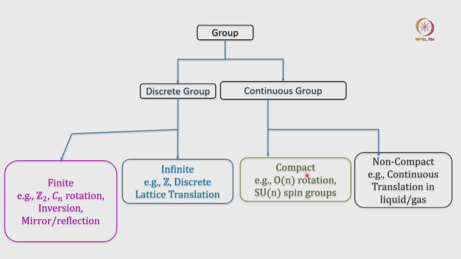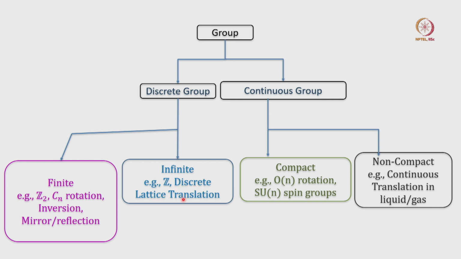You have the orthogonal group, you have the unitary group, the special unitary group, and so on and so forth. Okay. Whereas the discrete group is where you are doing these things, but not continuously, only discrete things, right. So, for example, Z, the integers, form an infinite group.